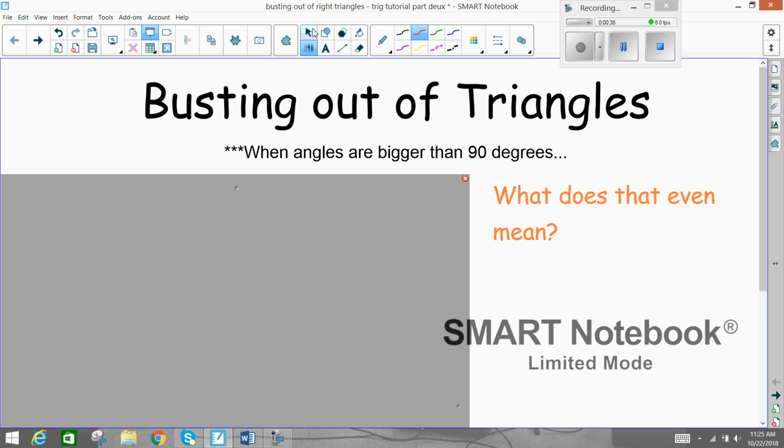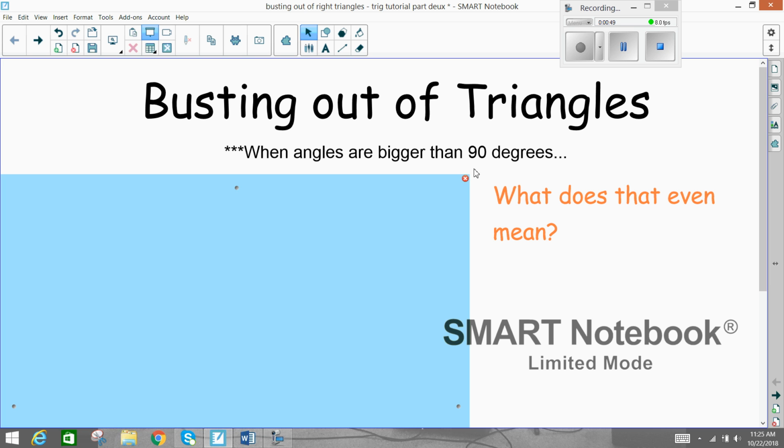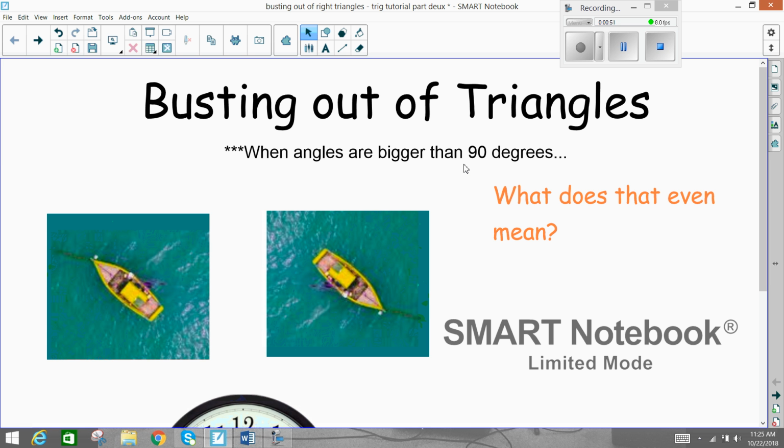Well, we know that there are angles that are bigger than 90 degrees. We know that there are angles which are bigger than 180 degrees, 360 degrees. What does that mean? Well, one thing it might mean is if you're sailing and you're having a nautical experience and you're going to turn your boat around, we would use degrees to describe that turn.